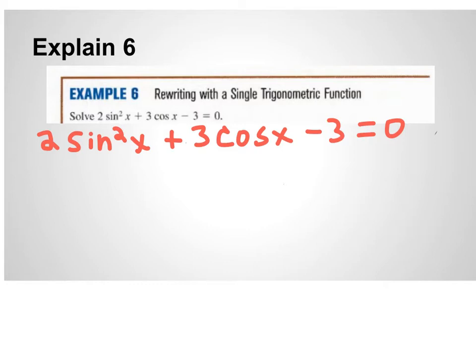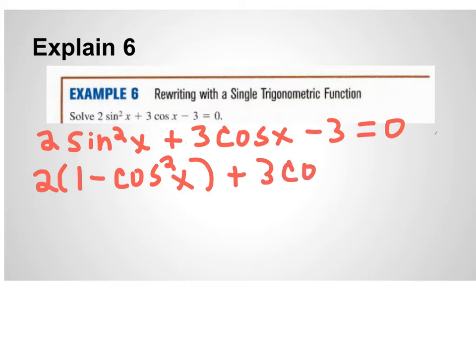So what I'm going to do is use the second one, and I'm going to replace my sine squared x with 1 minus cosine squared x. And again, that's manipulation of the Pythagorean identity. And in doing so, I can write my equation in terms of all cosines, which means it can be factored.